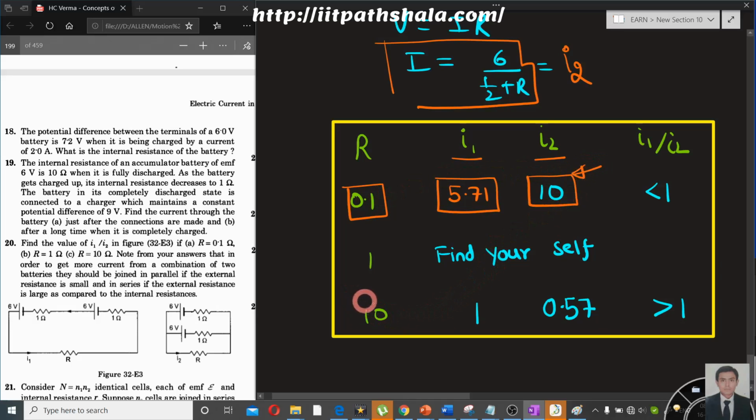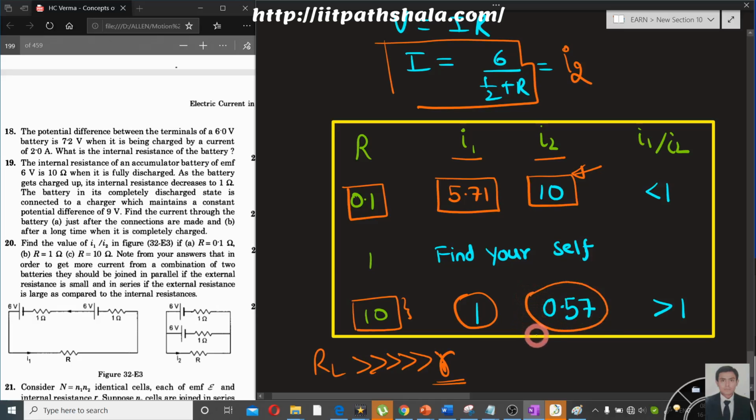Now in the second reading you can see over here, if I have a very high resistance, so my load resistance is very high compared to the internal resistance of the battery, then I can see over here that my I1 is coming out to be 1 ampere and my I2 is coming out to be 0.57 ampere.